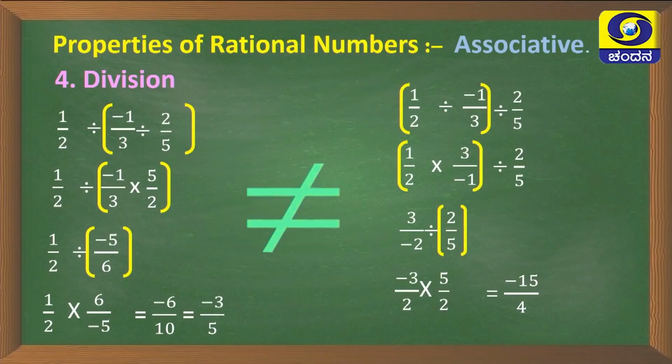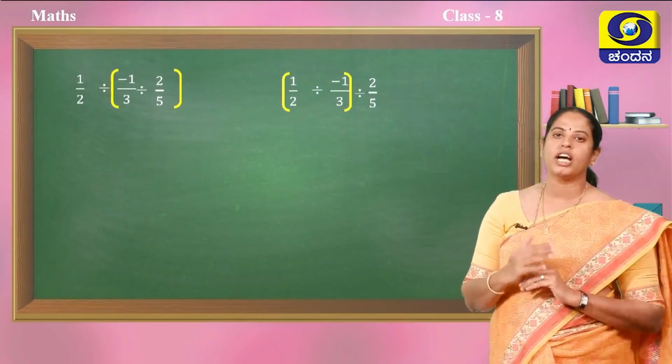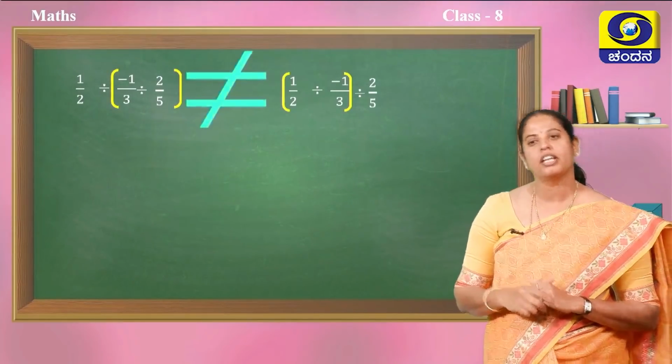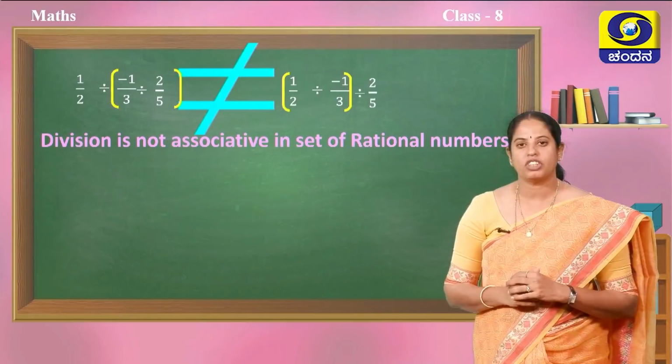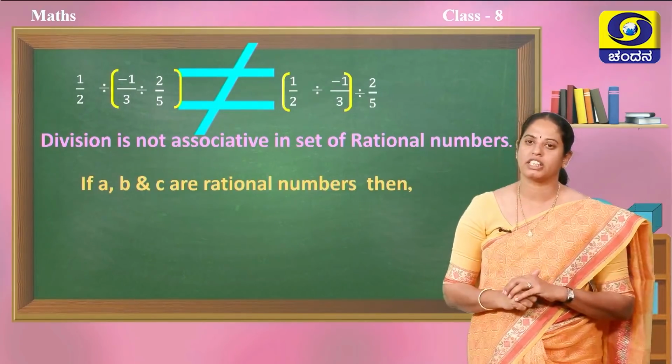Totally that minus 15 by 4 is different from minus 3 by 5. By this we can say the two results are different. Set of rational numbers does not hold good associative law on division. So division is not associative in set of rational numbers.